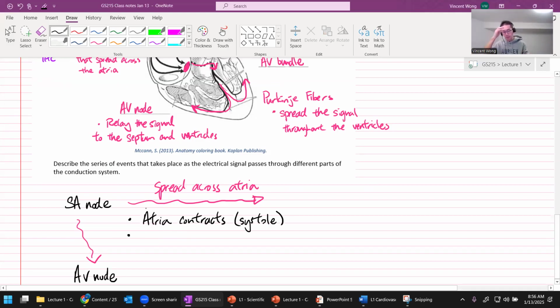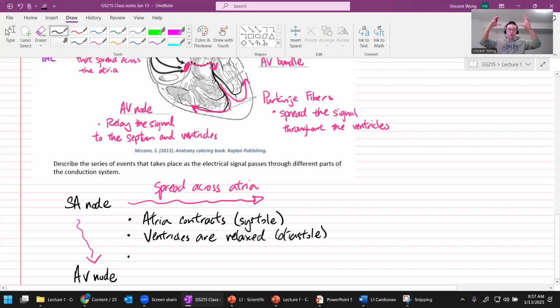And at this point, the ventricles are still relaxed, okay? Because the signal hasn't gotten there yet, right? So the ventricles are not contracting yet. So ventricles are relaxed, diastole.